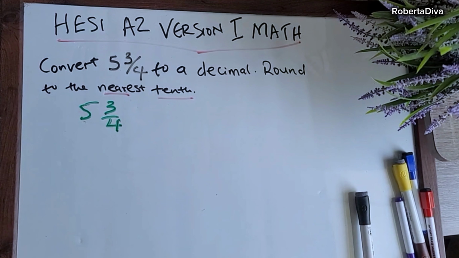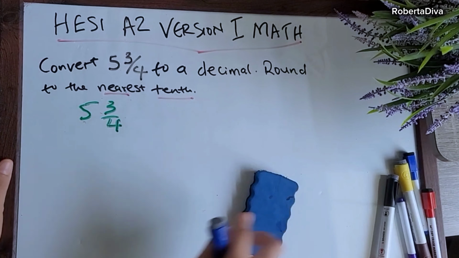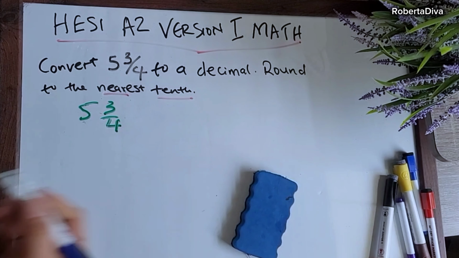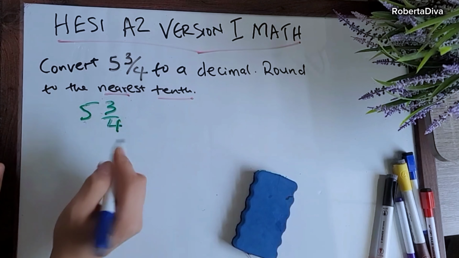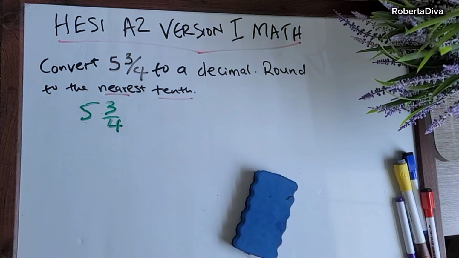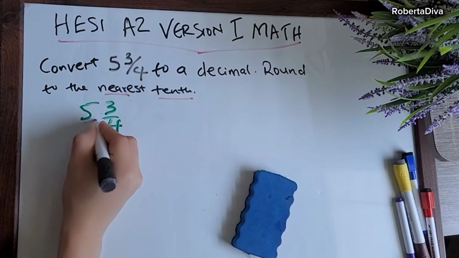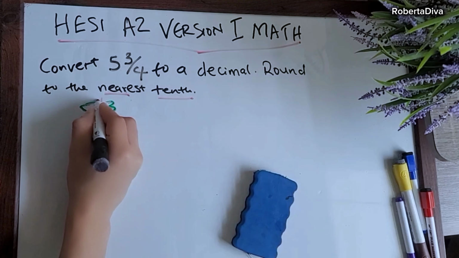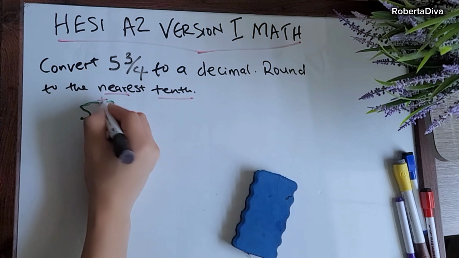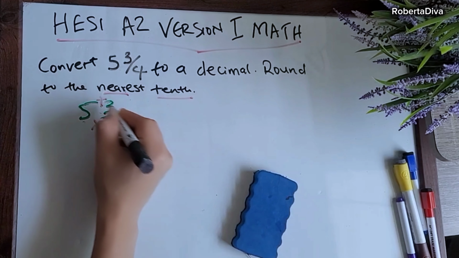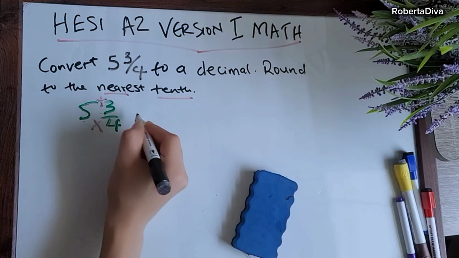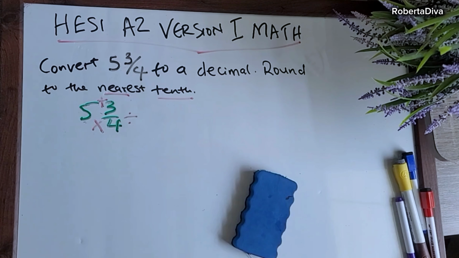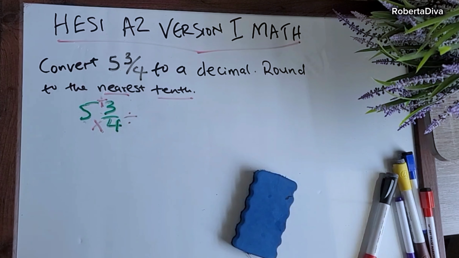Okay, let's solve this another way, maybe if this is too confusing for you. We're going to use the same question again, but I'm going to use another method, the roundabout method. You multiply 4 with 5 and add 3 to the answer, and then divide the answer with 4.